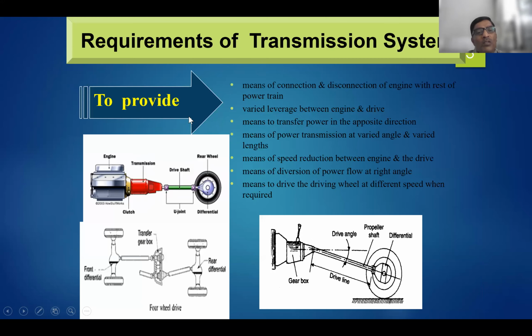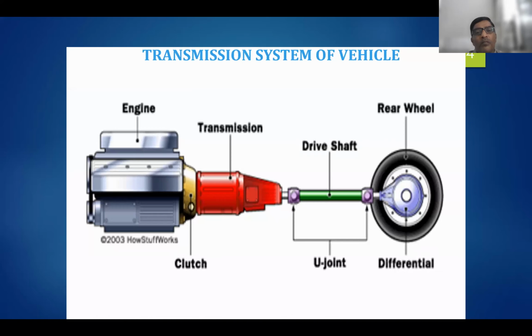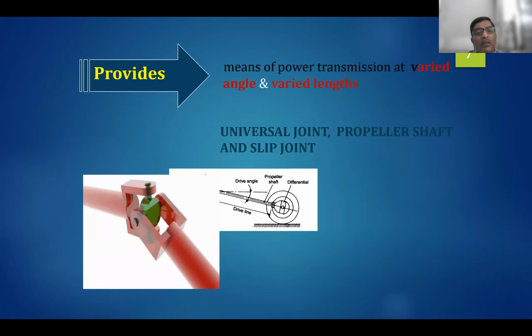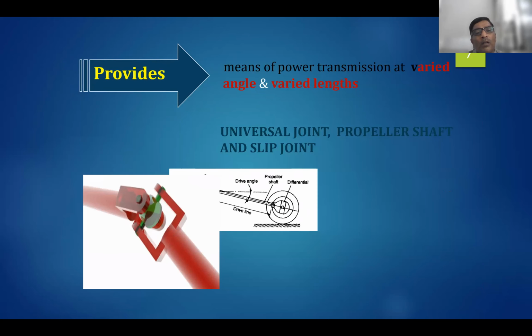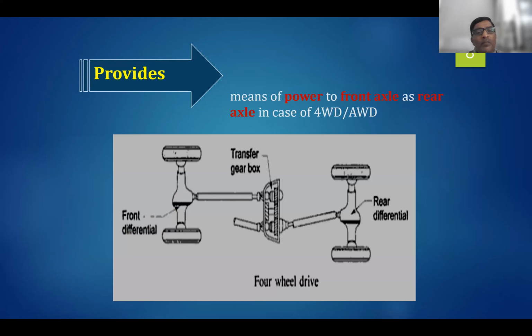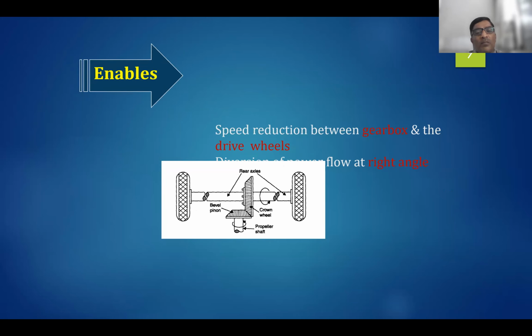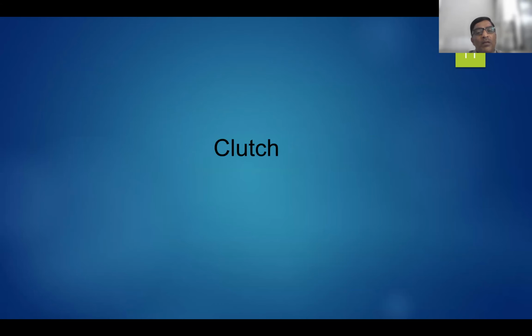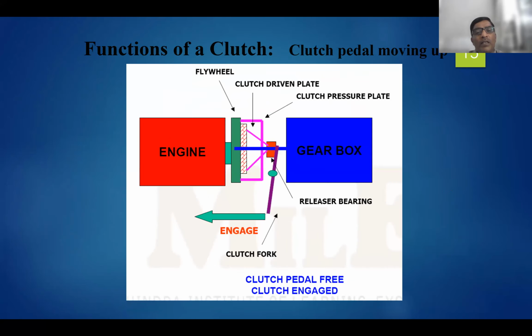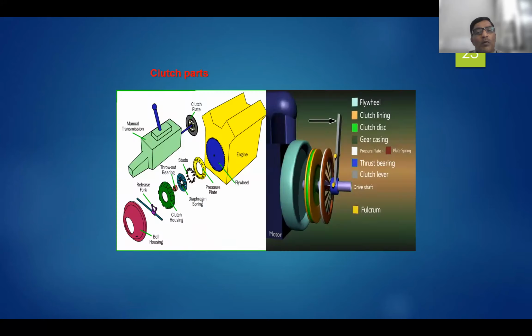So first we have seen requirements of the transmission system, the clutch, then this universal joint, transfer case, final drive, differential, and in detail each of these.